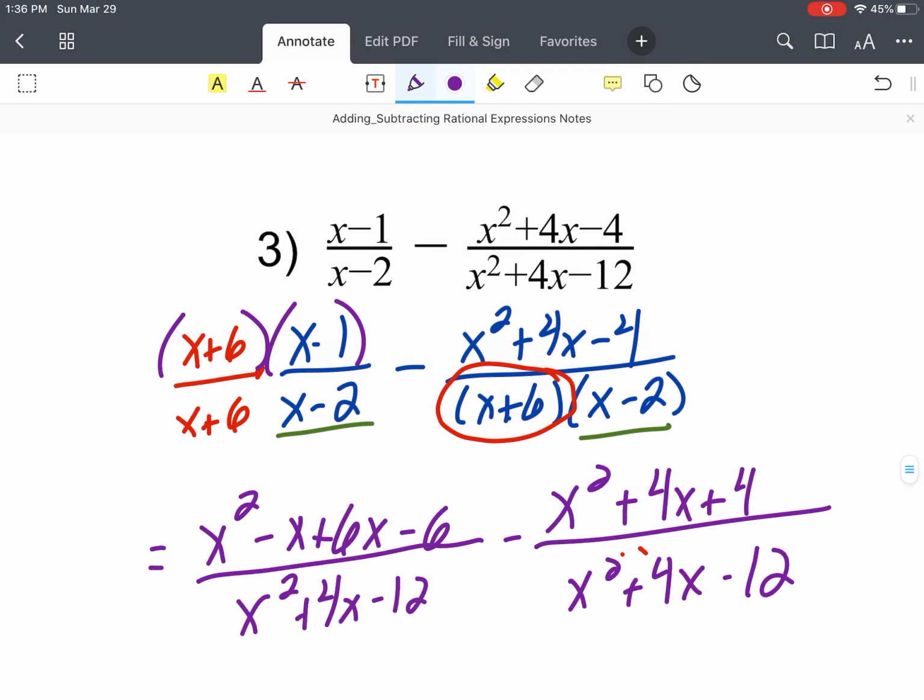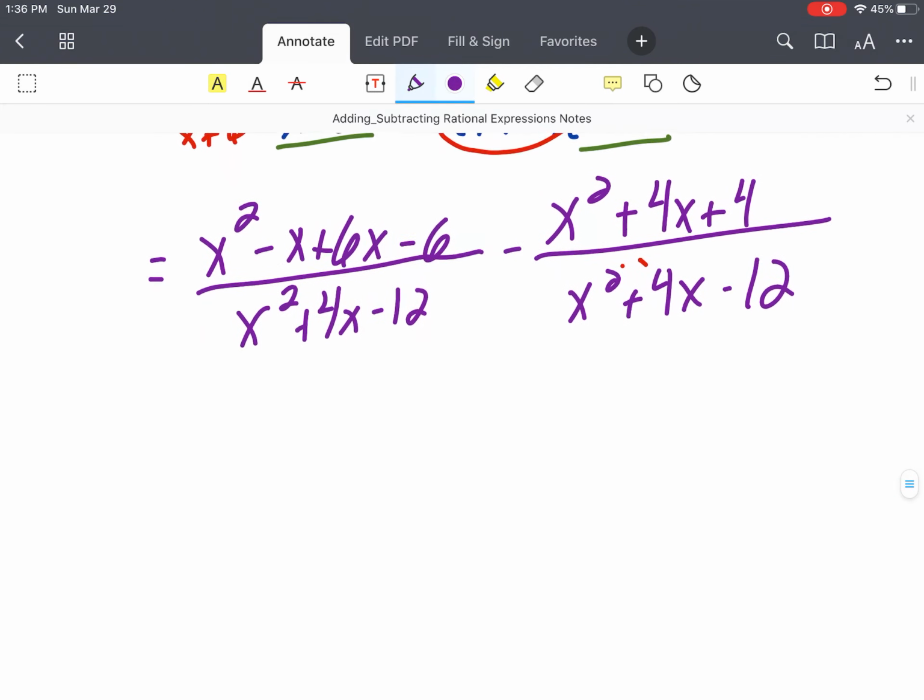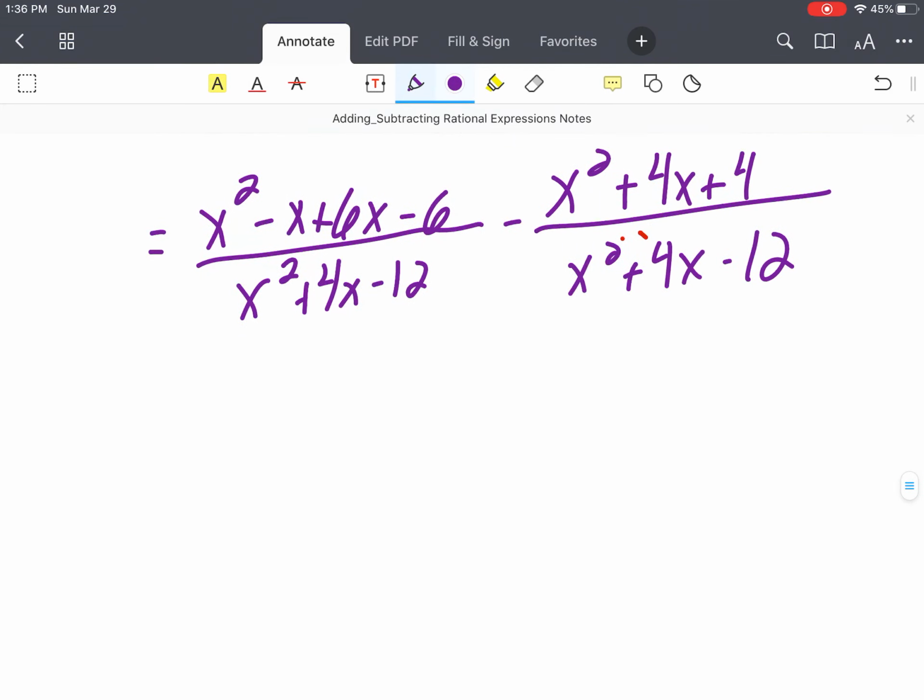Now you could also leave those denominators in completely factored form. Either way works. I might regret not doing it that way at the very end, but let's see what happens.